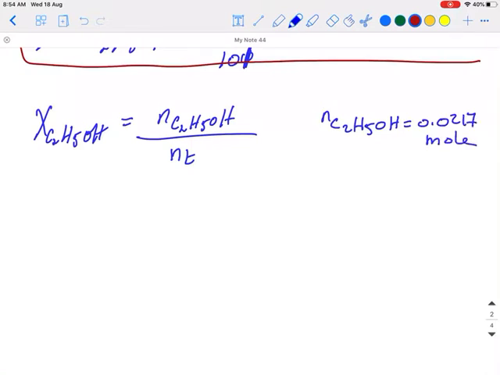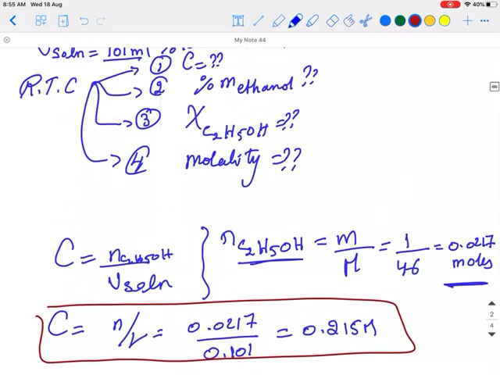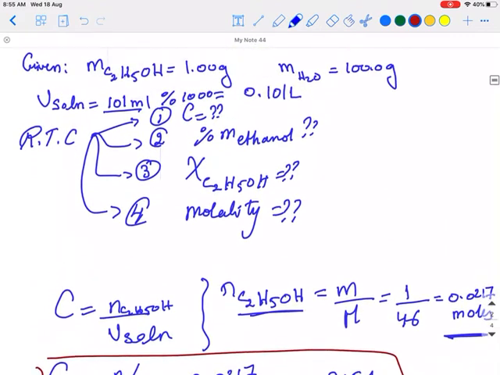Let me find the number of mole of water, because n total is the number of mole of solute, which is ethanol, plus the number of mole of water. How to find the number of mole of water? We have to know its mass. We know its mass, which is 100 grams.